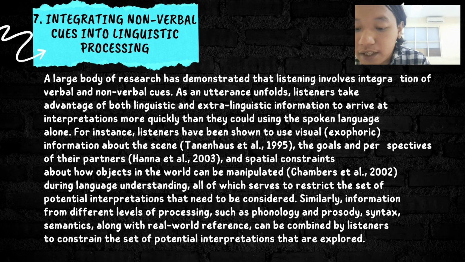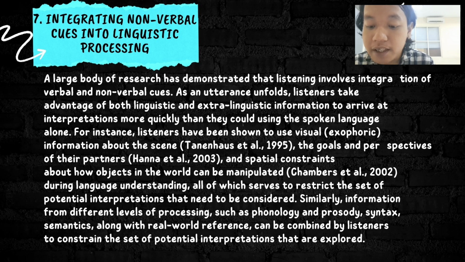For instance, listeners have been shown to use visual information about the scene, the goal and the perspective of their partner, and spatial constraints about how objects in the world can be manipulated during language understanding, all of which serve to restrict the set of potential interpretations that need to be considered.